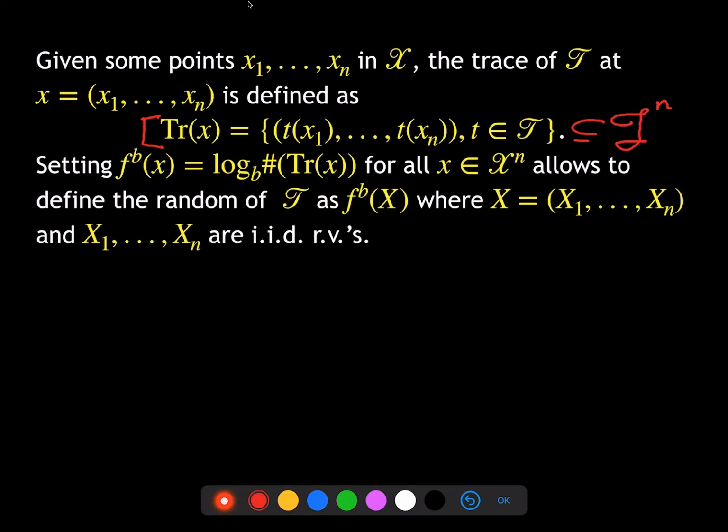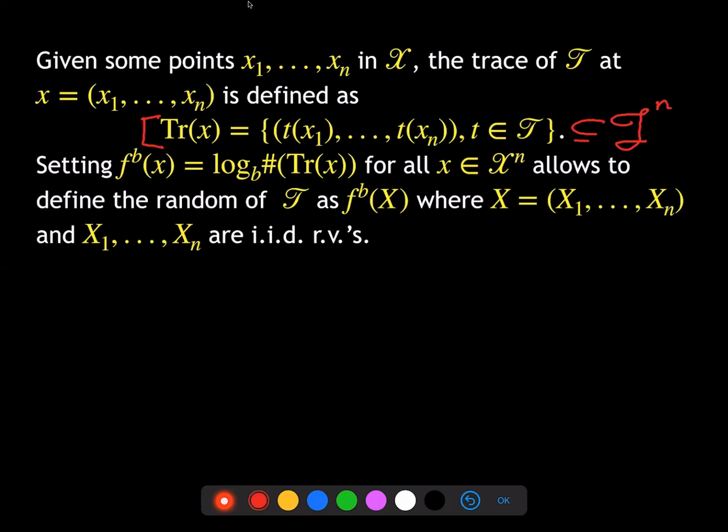And you look at the log in basis B of the cardinality of the trace. Why log in the basis B? It's simply to normalize. You see here that this set has a log cardinality n times log B. So it's convenient to renormalize by this log B. So you divide the ordinary log by log B, and you look at the log of the cardinality of the trace, excuse me.